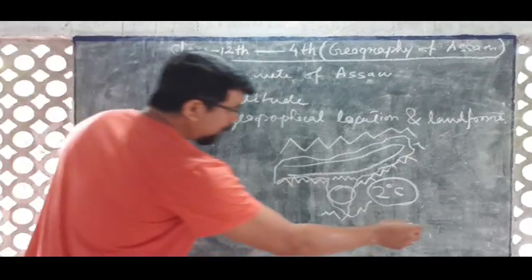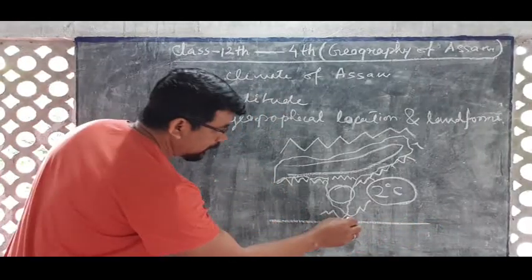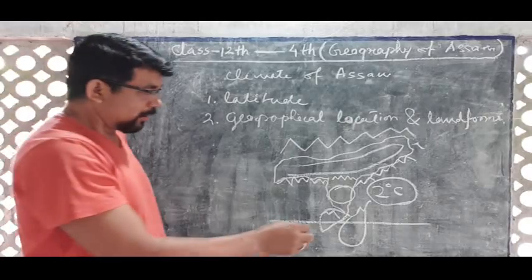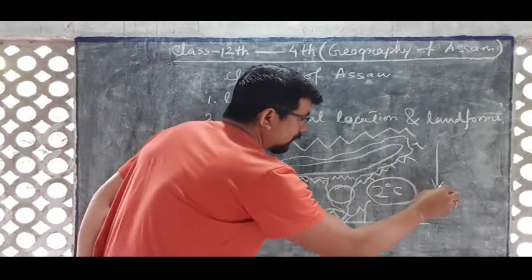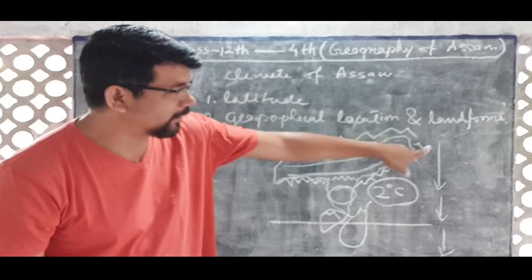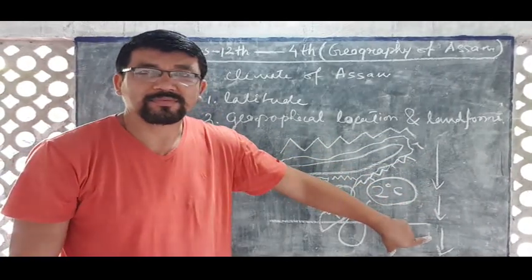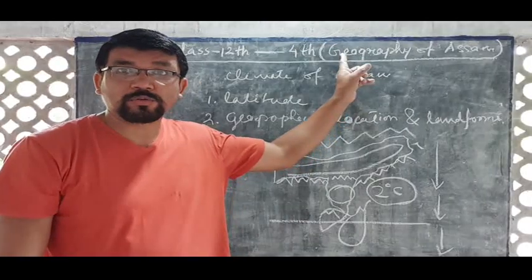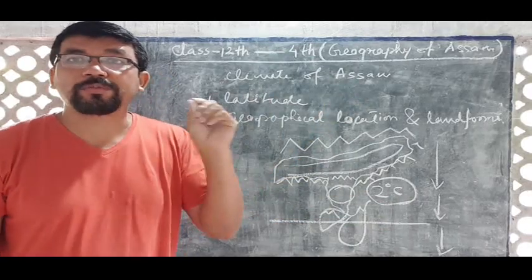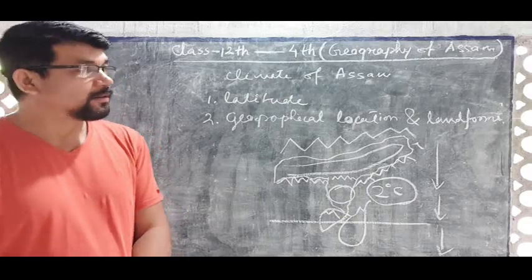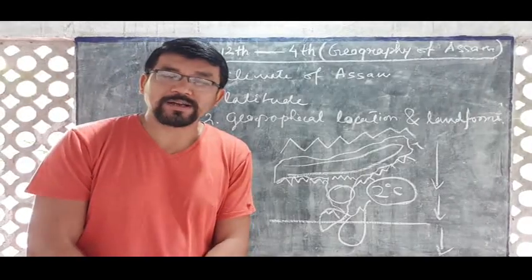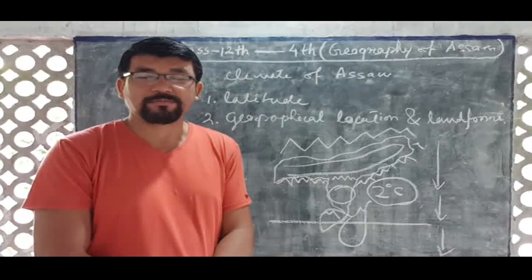You know Tropic of Cancer is going through south of Assam, that is Mizoram and Tripura. If we move to the southward, then temperature is gradually increasing. That means from polar region to equatorial region. You remember it, poles are always very, very cold. And if we move from polar region to equatorial region, temperature is gradually increasing from both hemispheres.